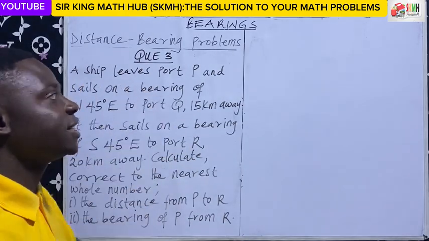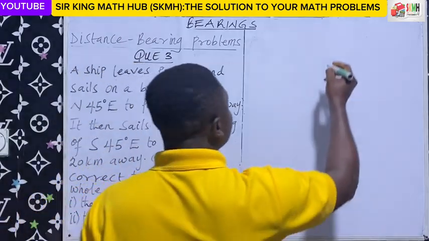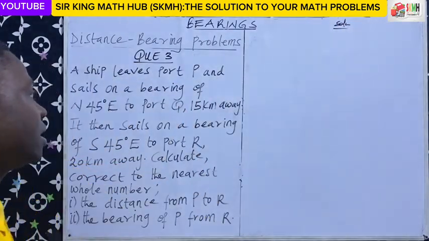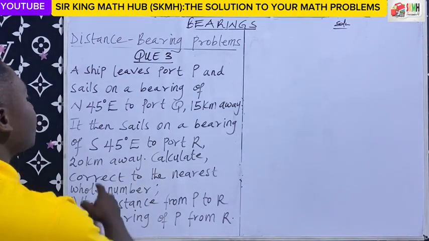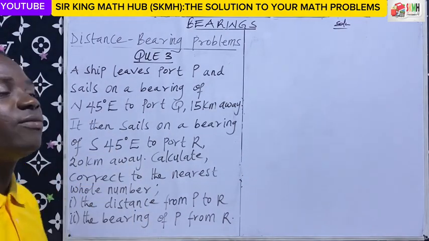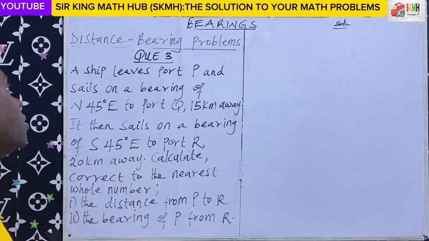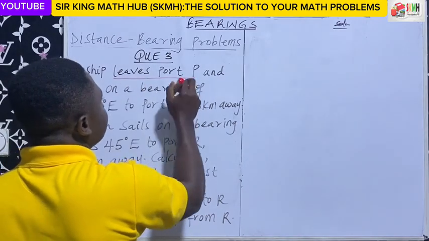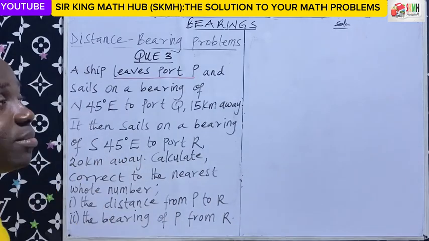So let's represent the first statement on the diagram. Between Port P and Port Q, where are you to measure the bearing 45 degrees northeast? Since the ship leaves Port P, that is where we are to measure the bearing.